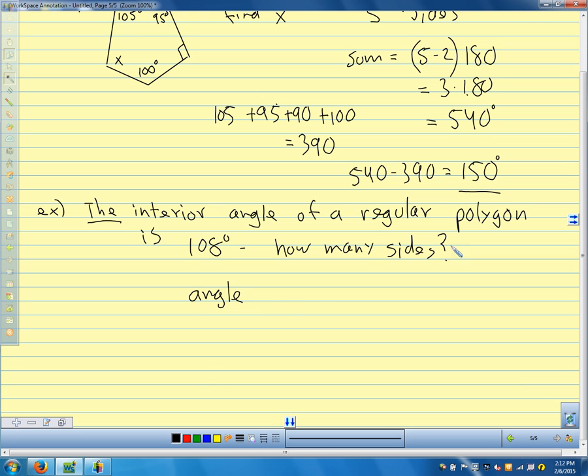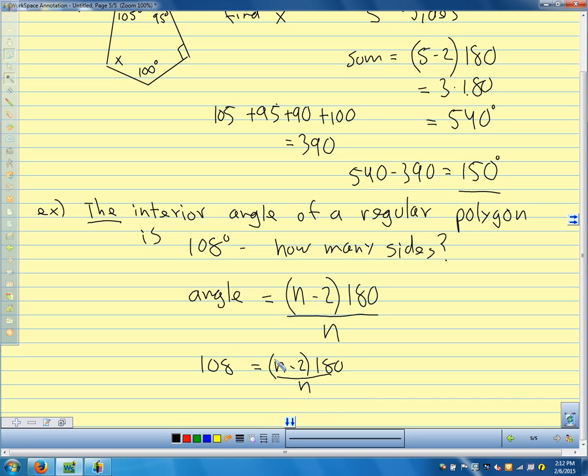Of a regular polygon? n minus 2 times 180 over n. And we know the angle is 108 degrees. So that tells us that 108 equals n minus 2 times 180 over n. And we need to find n.